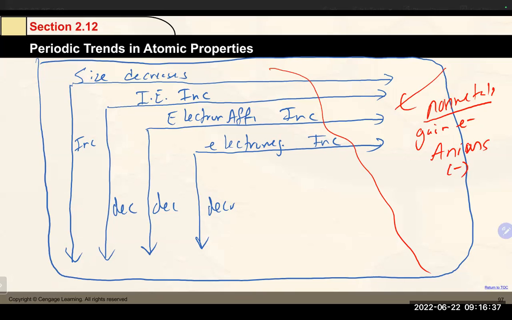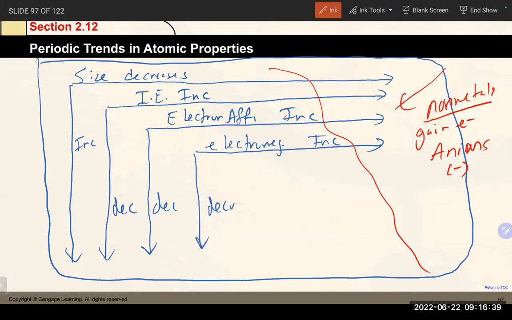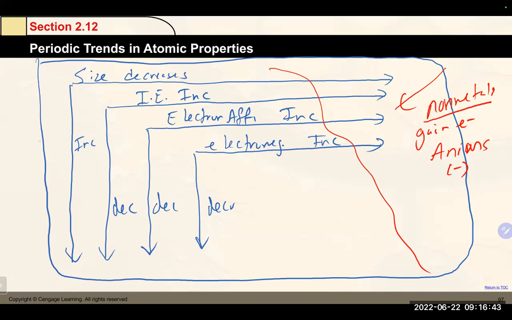On the other side of the periodic table, heading towards our metal side, which is over here, our metals. These are guys that are much larger, which means their outer electrons are not being held as tightly. You don't have to put a lot of energy in there to have them remove their electrons.